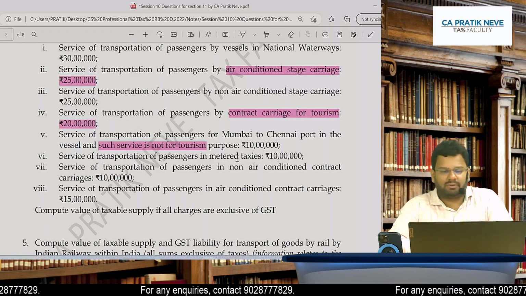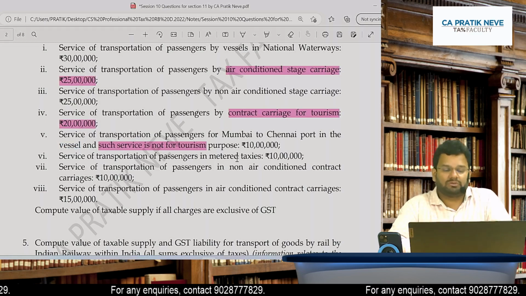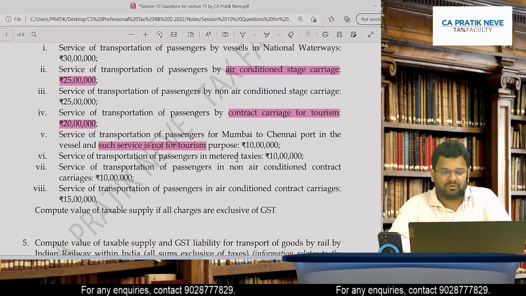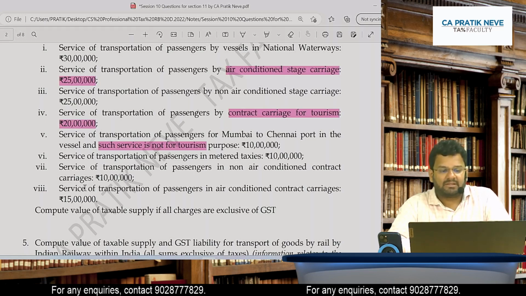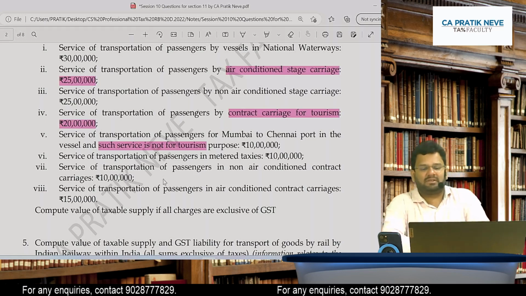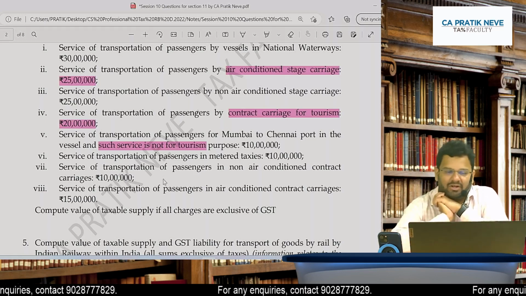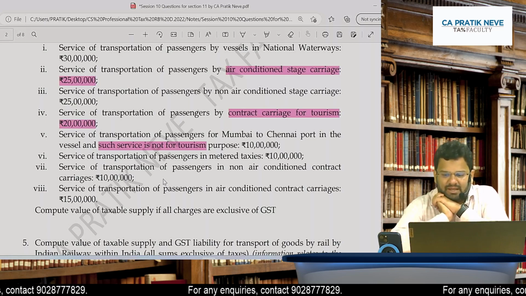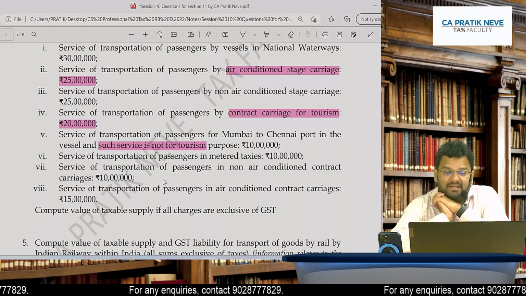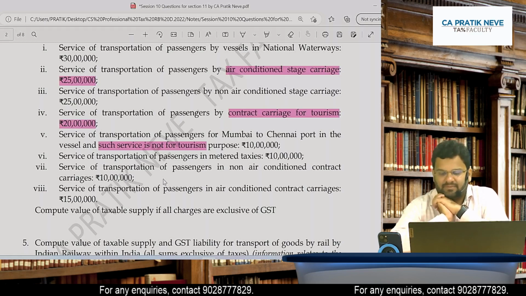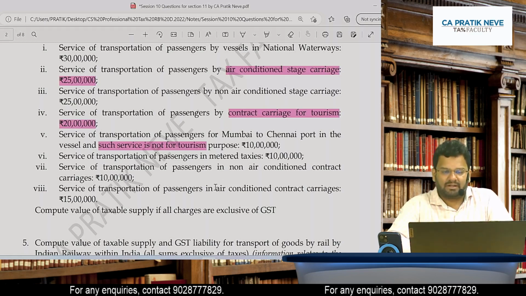Metered taxis have to be exempt along with auto rickshaws, including e-rickshaws. Okay. Service of transportation of passengers in non-AC contract carriages. Non-AC contract carriages exempt, and service of transportation of passengers in AC contract carriages. AC contract carriages will be taxable.